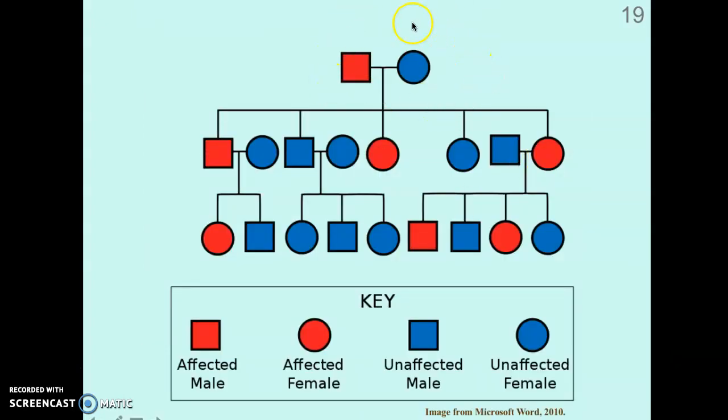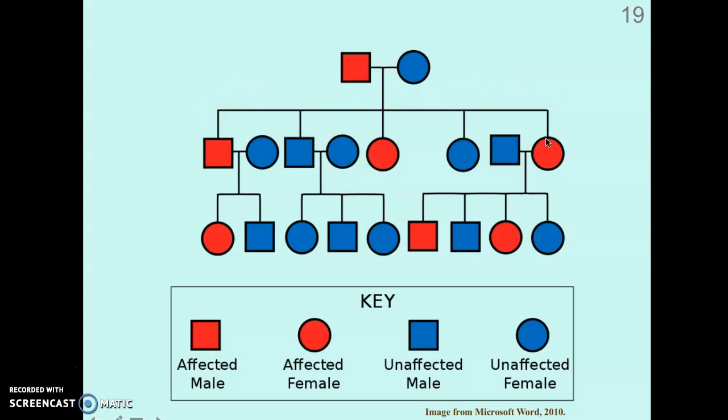So here again, it's just a basic pedigree chart. Male versus female. In this case, red is affected and blue is unaffected. So this is an affected male. These two have mated, and that's what that line means. And the line coming down represents any offspring that they possibly could have created. So here we have one offspring, a second, a third, a fourth, and a fifth.